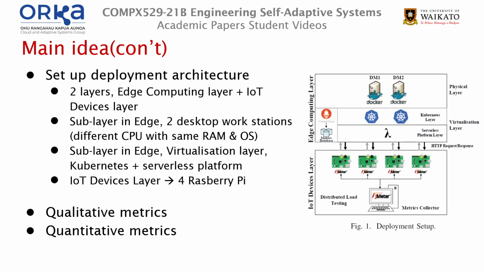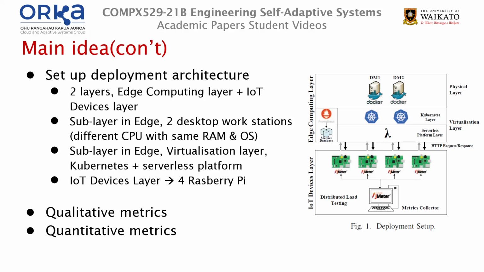At first, the architecture was separated into two layers, an edge computing layer and an IoT device layer, in which the edge computing layer consists of two sublayers. The underneath layer is the physical machine layer. All computers need that layer for computation.